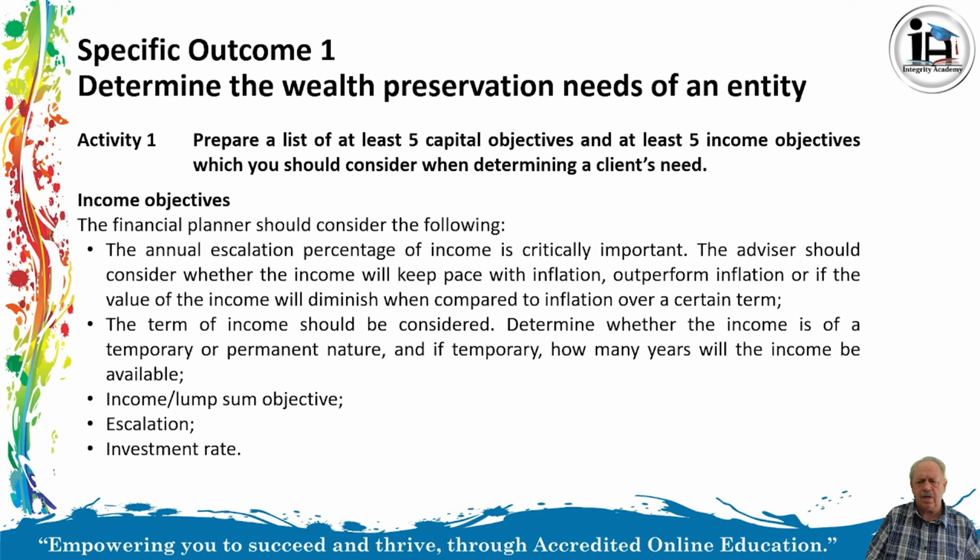That you'll usually establish by drafting a monthly budget, and from the budget you can then establish escalation. We've mentioned that a few times. Very, very important, because if that escalation is too high, you're going to run out of money. And then at what investment rate can you invest the money? So those were the income objectives.